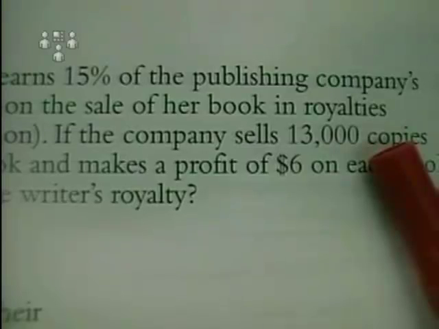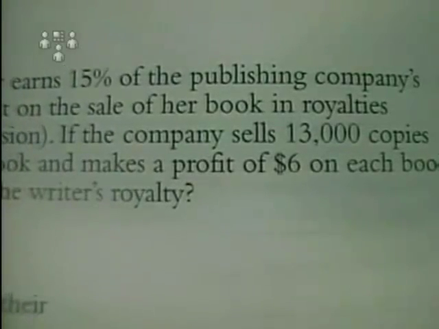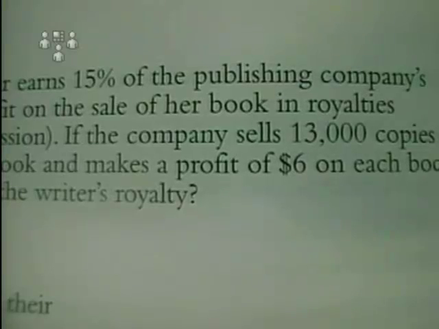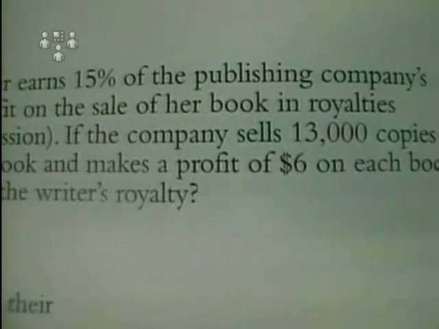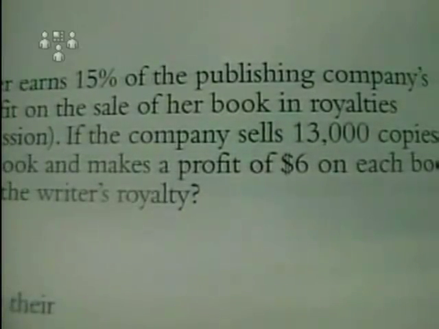Then, if you want to set it up as a proportion, what would you have? What would be your proportion? Think of that for a moment. Okay, you're going to take 15 over 100. That's good. Okay, 15 over 100, and James is asking if P is the unknown, and that's correct.